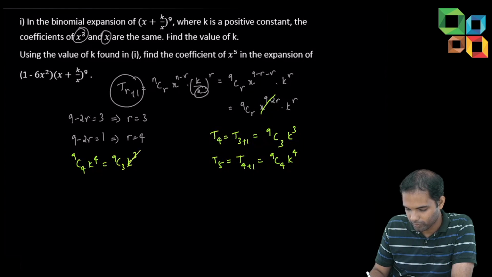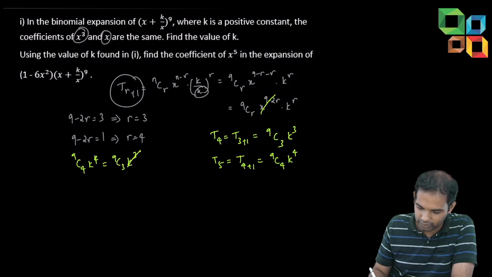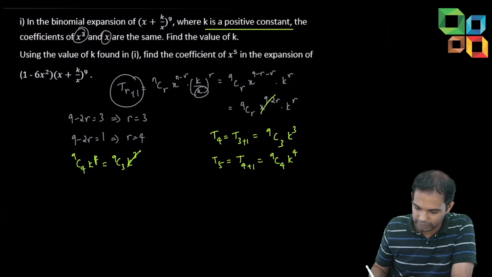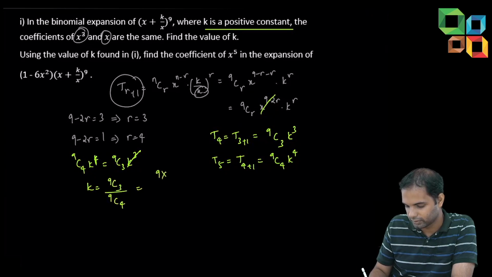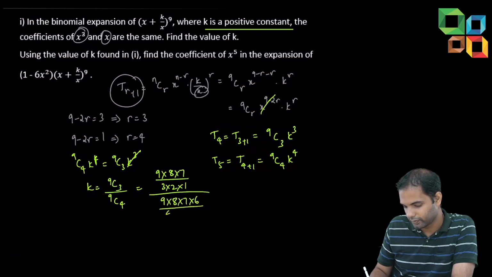So k cube is common, assuming k is not equal to 0, because it's given that k is a positive constant. So k should be equal to 9C3 by 9C4. To simplify this, 9 into 8 into 7 divided by 3 into 2 into 1, divided by 9 into 8 into 7 into 6 by 4 into 3 into 2 into 1.